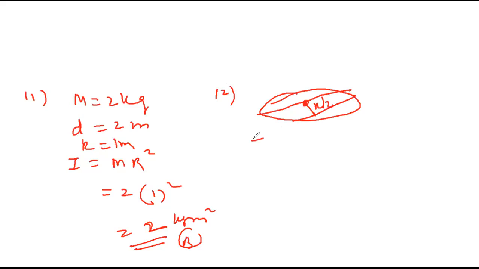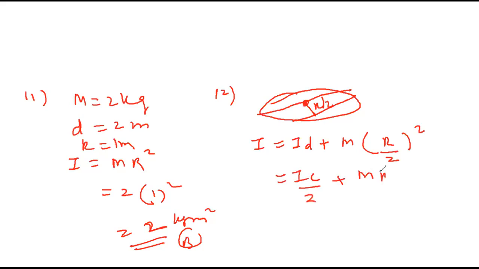So I can say I is I about diameter plus mass into square of distance between the two axes. I about diameter is IC by 2 plus MR square by 4. IC for a ring is MR square upon 2 plus MR square by 4. So LCM is 4.